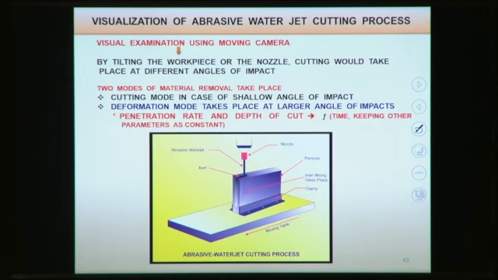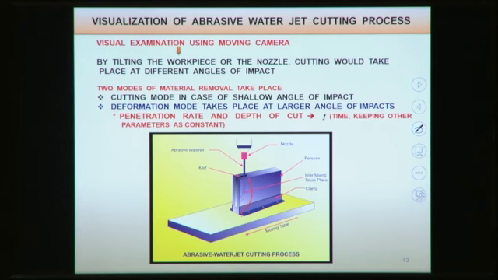Okay, so this is the visualization of the abrasive water jet cutting operation using a moving camera. You can see what the jet is actually generating inside the workpiece surface. If you take a moving camera along with the abrasive water jet, you can see this kind of trajectory generated in the abrasive water jet machining process.